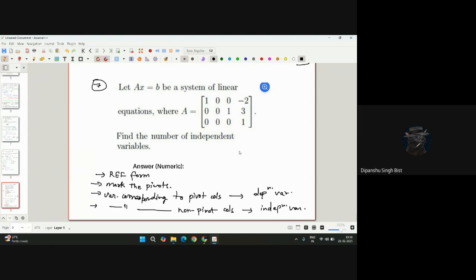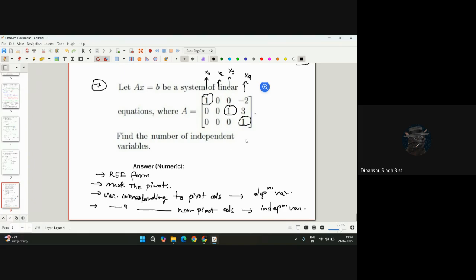So first let's mark the pivots. Here we have one pivot, here we have another pivot, here we have our third pivot. It's already in REF form. So if I'm calling this my x1, this my x2, this my x3, this x4, this means the variable corresponding to the first column is x1, second column x2, third column x3, fourth column x4.